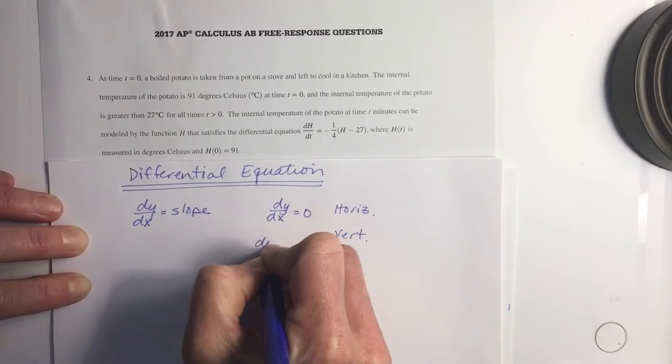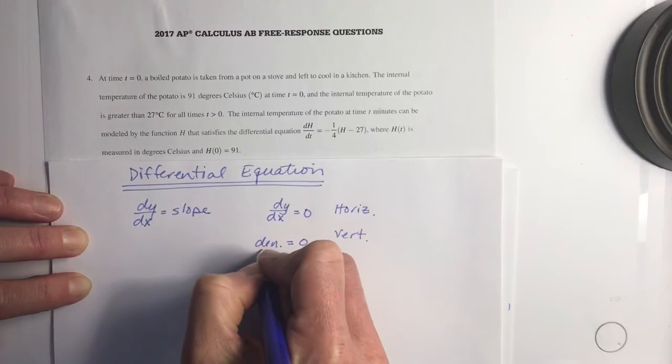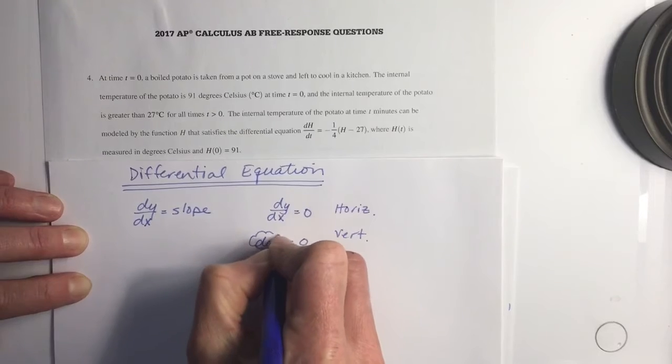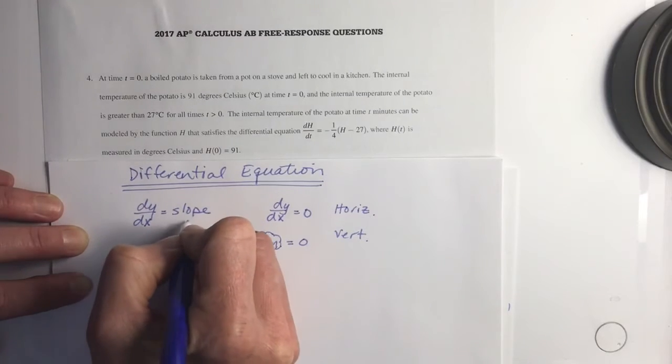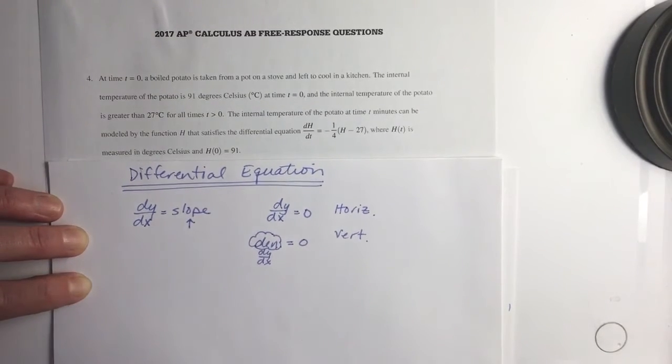So I'm going to put denominator equals 0 for dy dx, for vertical slopes. If they want a tangent line, this is giving us the slope, and they have to give us a point. You can't write the tangent line without a point, so they have to provide that point for us.